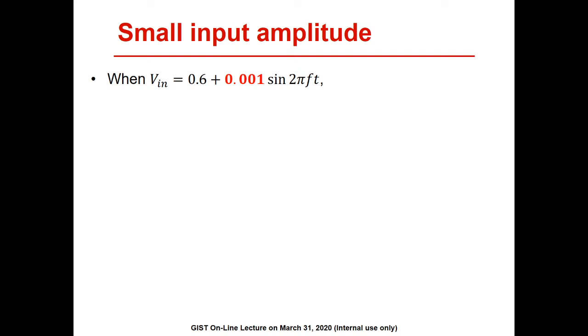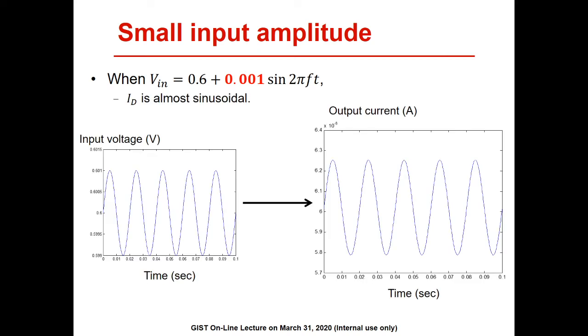Now, we apply a DC voltage of 0.6 volt and an AC voltage with an amplitude of 1 millivolt. Again, the output waveform is shown in the right figure. What is your feeling about the right figure? Is it still heavily distorted from the sinusoidal waveform?